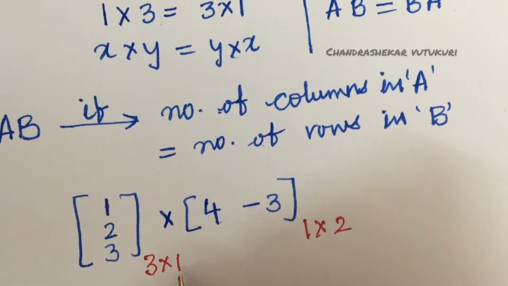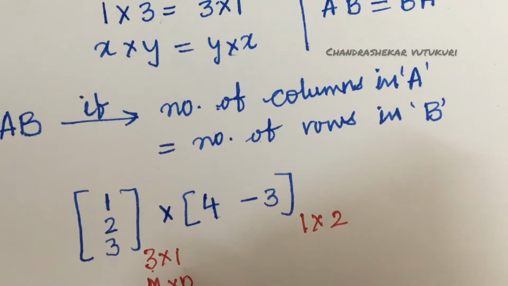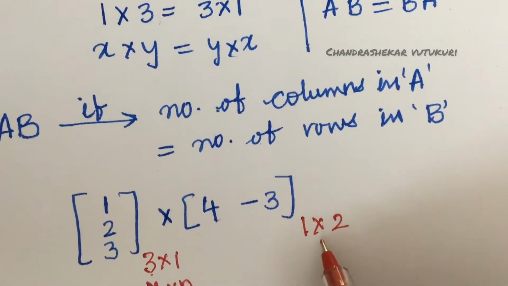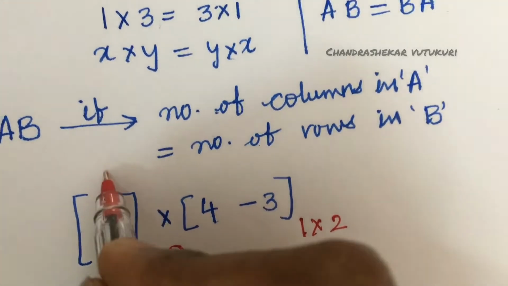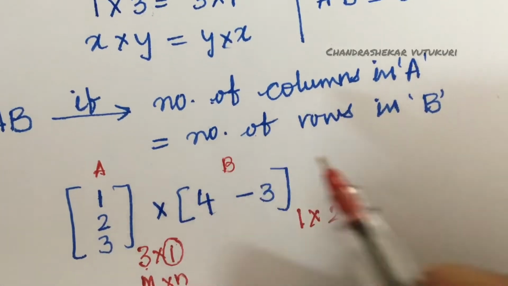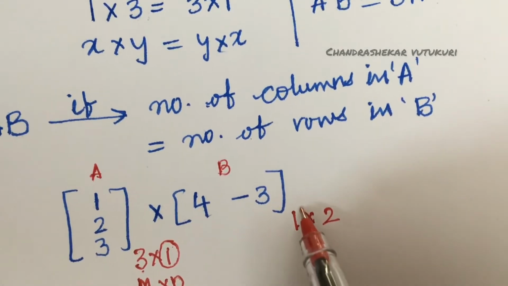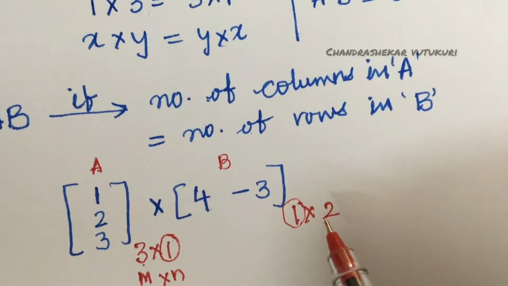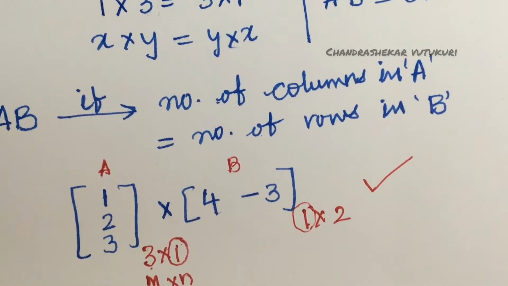Here M is the rows and N is the columns, so it is rows followed by columns. The column matrix has 1 column and the row matrix has 1 row. Hence, the compatibility is satisfied and we can work out the multiplication here.